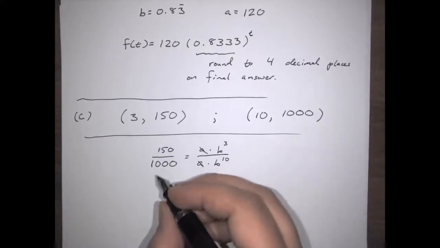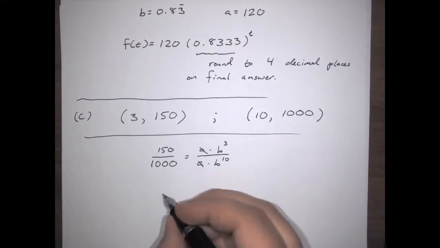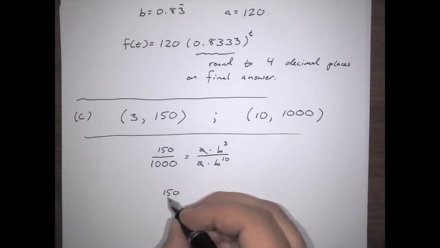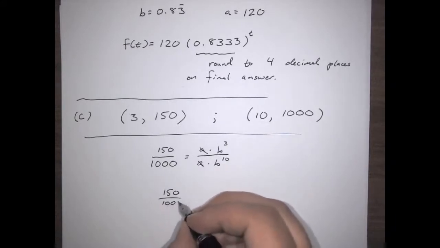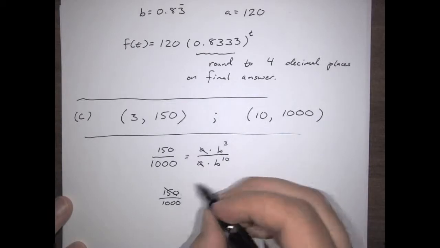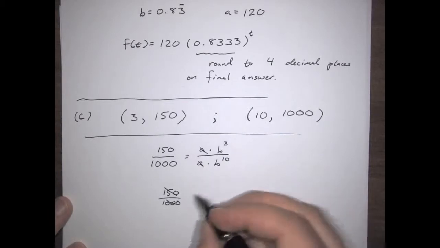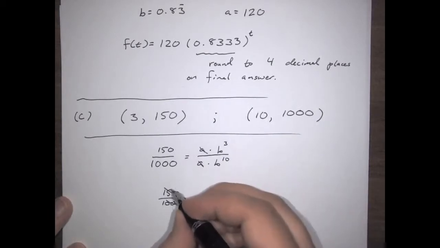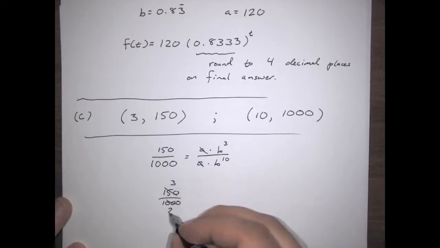There are common factors that they share. You can obviously tell that they're both divisible by 10, but in fact they're both divisible by 50. So we divide them both by 50. That's going to be a 3, and that's going to be a 20.